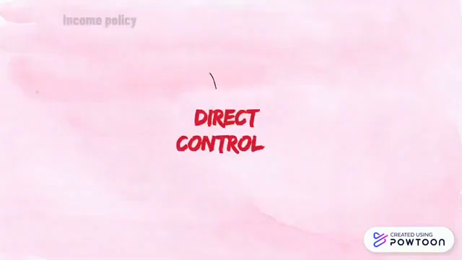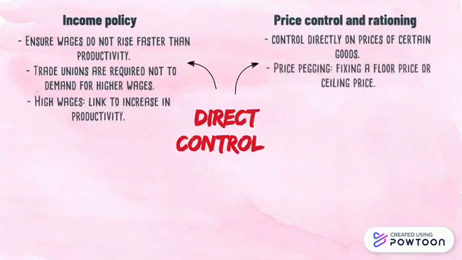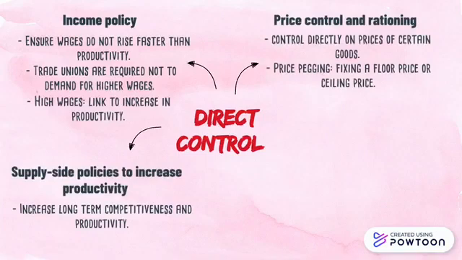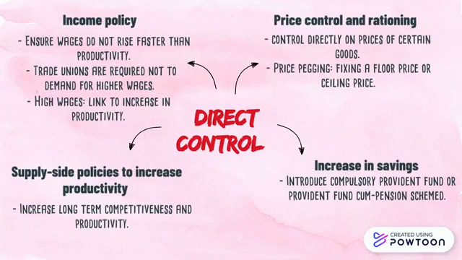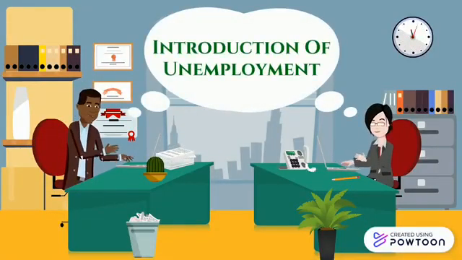Indirect control, income policy, price control and rationing, supply-side policies to increase productivity, and increase in savings can be used to control cost-push inflation. Introduction of unemployment.